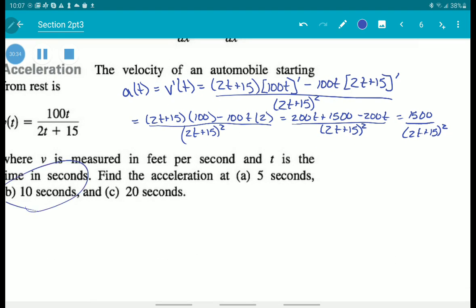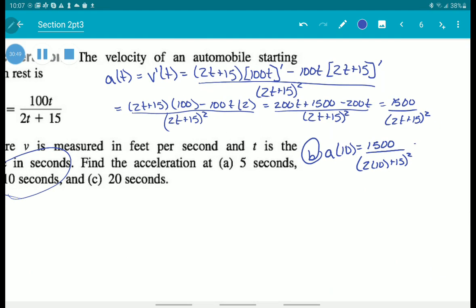So this is going to give the acceleration at any point in time. So let's say I want to find it for 10 seconds. All I'm going to do is substitute in. So this is going to be 20 plus 15, 35.